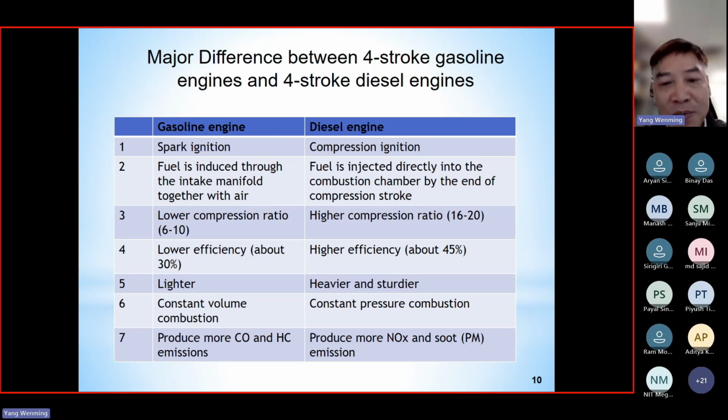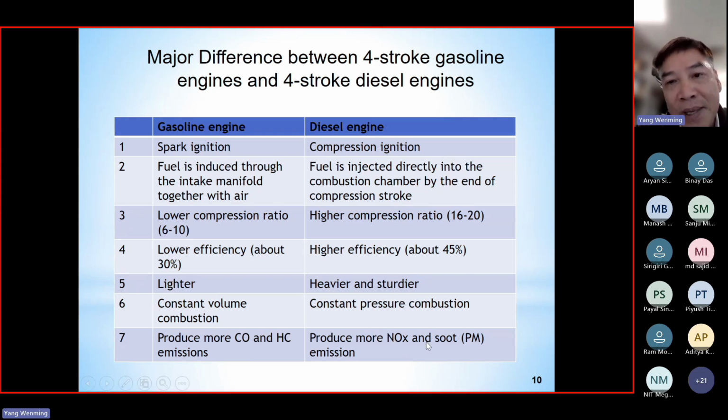For diesel engines, the fuel air ratio is much lower than that for gas engines, usually from 0.5 to 0.9. So diesel engines can produce less CO and HC emissions, and these engines tend to produce more NOx emissions and soot emissions.